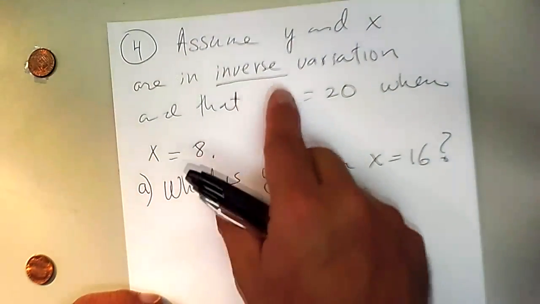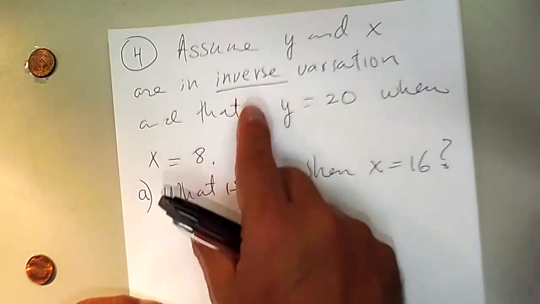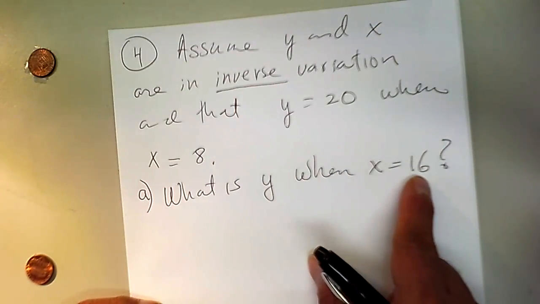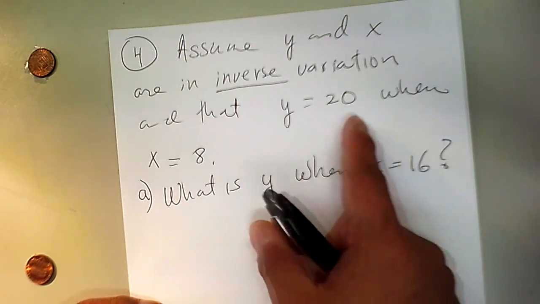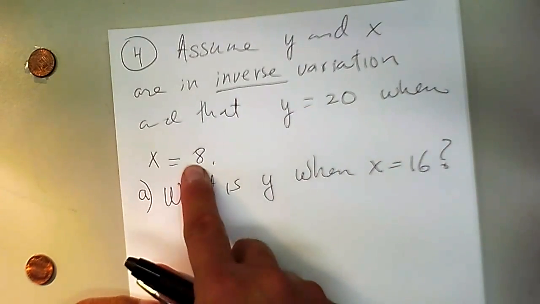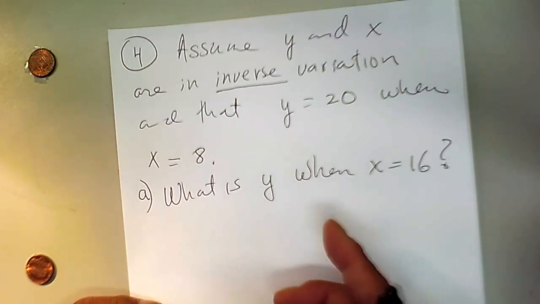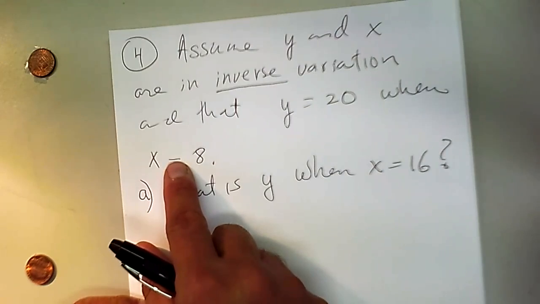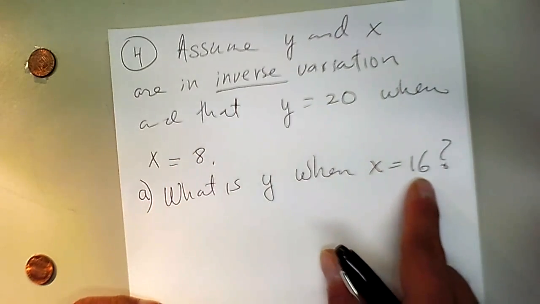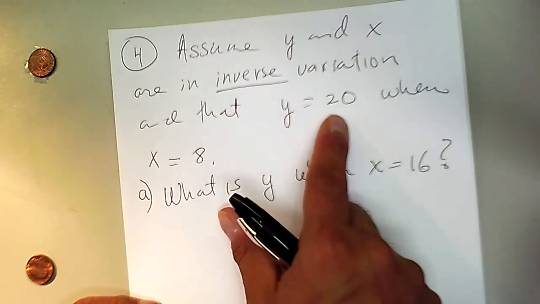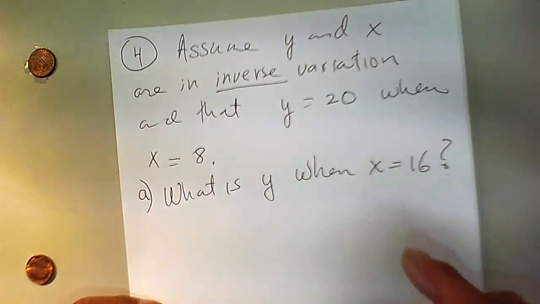All right. So inverse variation means that what happens to one of the inputs or outputs, the opposite is going to happen to the other one. So this is an easy problem because we don't really have to set up an equation. We can just use common sense. See, the input is 8. Now the input is twice as much. In inverse variation, that means that the output has to be cut in half.